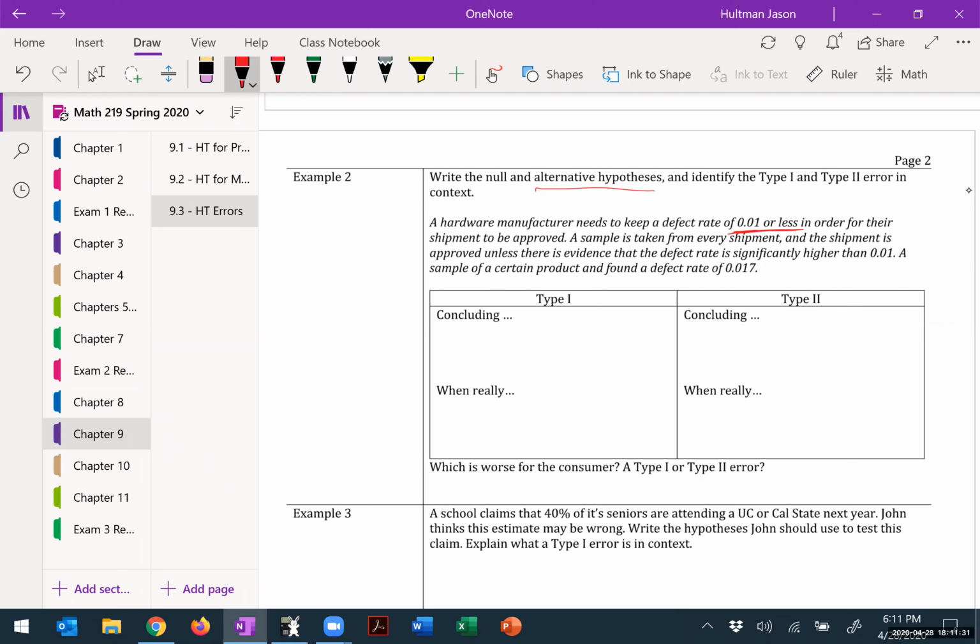A sample is taken from every shipment, and a shipment is approved unless there is evidence that the defect rate is significantly higher than 0.01. So it's approved unless it's higher than 0.01. A sample of a certain product found.